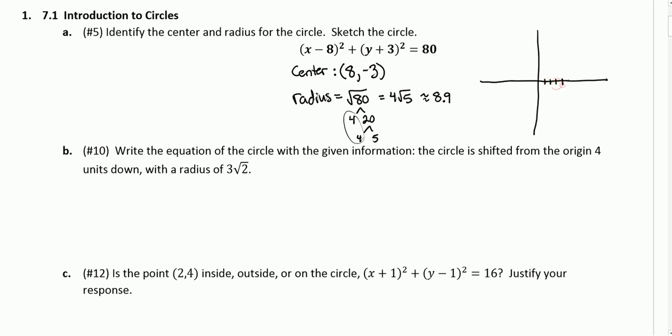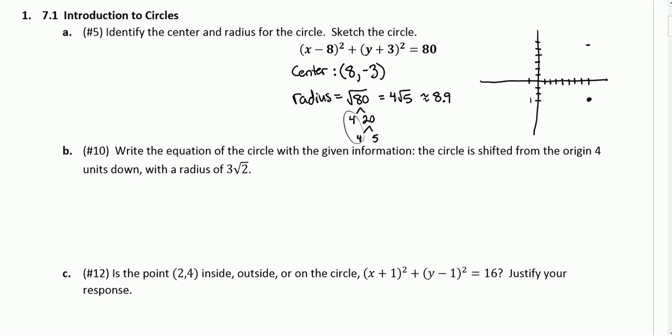So in graphing this, we first start with our center at 8, -3. Plot our points. And then our radius is 8.9. So from the center, we're going to go 8.9 in every direction. So 8.9 to the left, and then 8.9 above the center, roughly here.